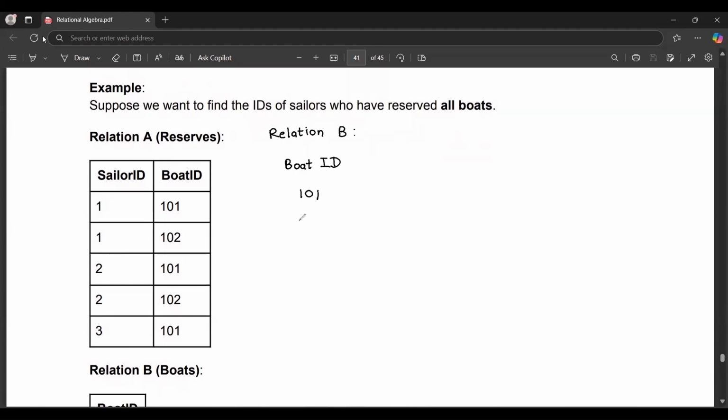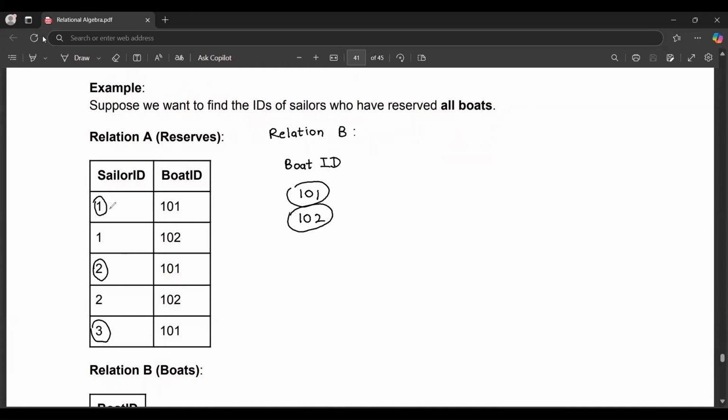So it will have 101 and 102. If we want to find A divided by B, we have to find every x value that is related with all the y values.